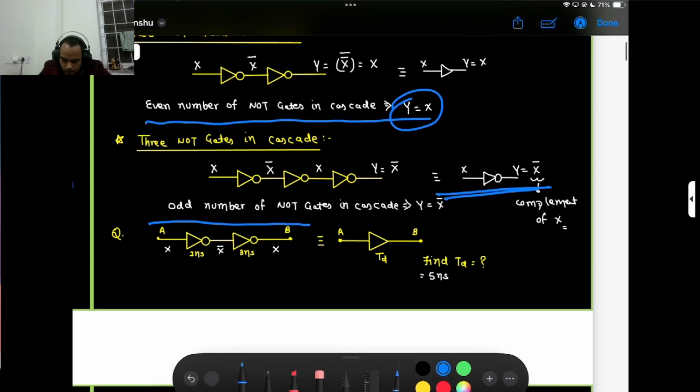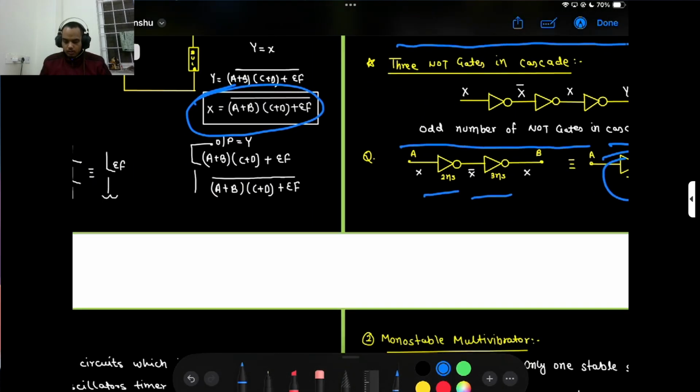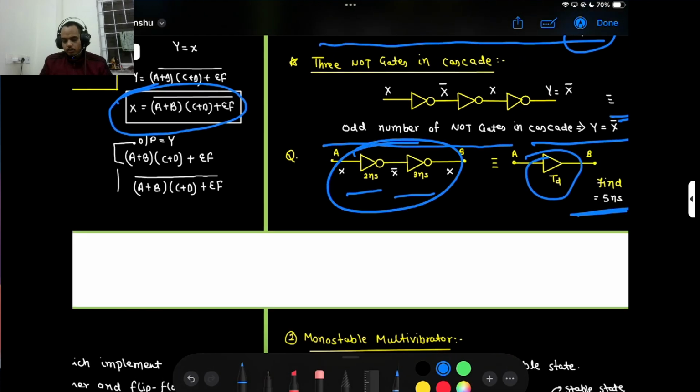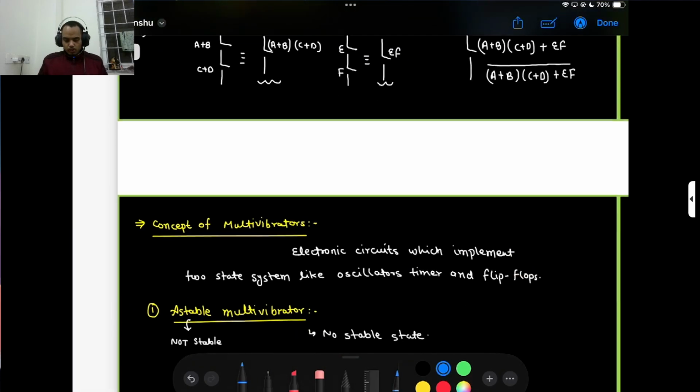With an odd number of NOT gates in cascade, y equals x complement. And here a 2 nanosecond delay and a 3 nanosecond delay, so that my circuit looks like a buffer and td equals 5 nanosecond. These two are just added as a buffer, also used as a buffer, with td 2 nanosecond and 3 nanosecond, so total 5 nanosecond.